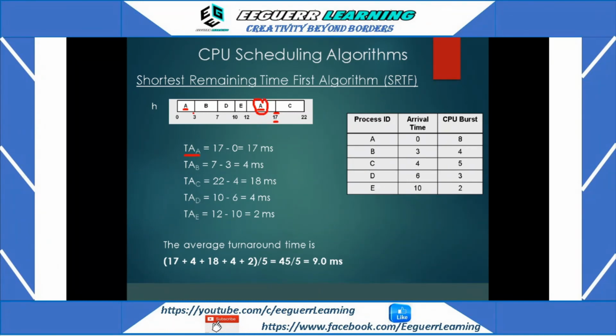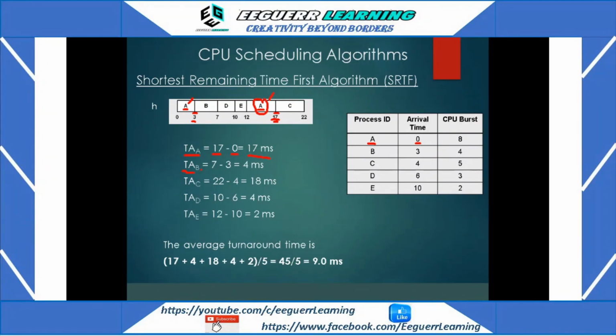We cannot use this process A head, which is 3, because this is not the last head part of process A. So we use 17, place it here, get the arrival time of A, which is 0, and subtract. That gives us 17 ms.